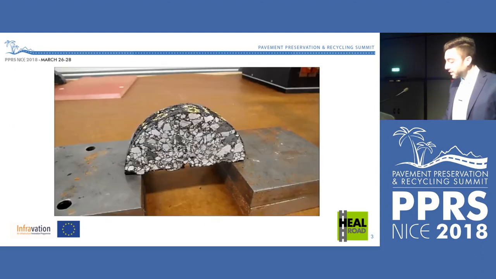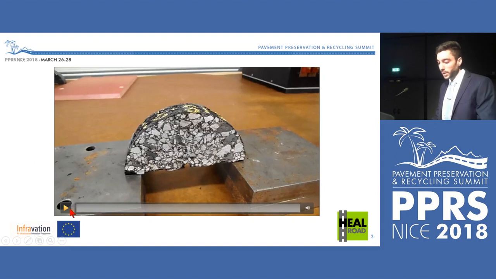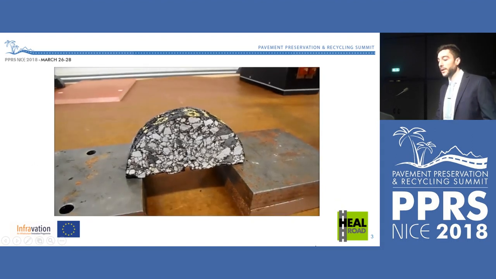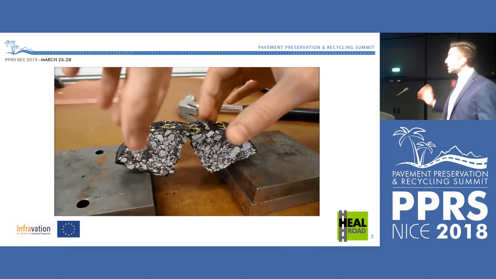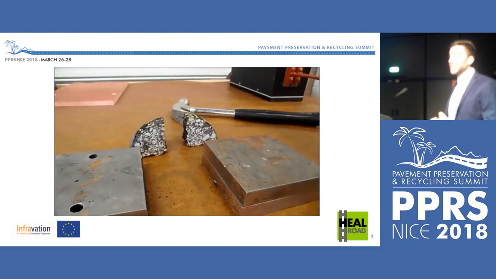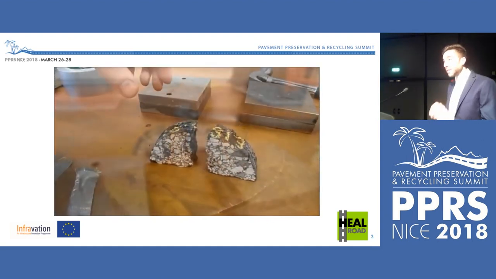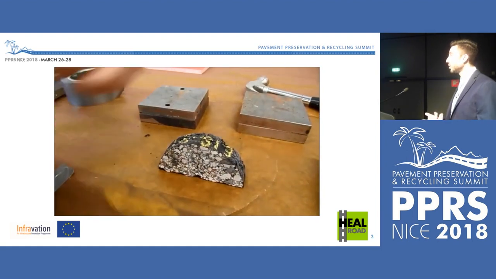I prepared this very simple video that I always show. It's a very simple demonstrator I did in the lab to show you a bit how we work in the lab. This is a sample of asphalt made with some particles of steel slag. As you might know, steel slag has metal inside, so it's going to have capacity to be heated by induction.